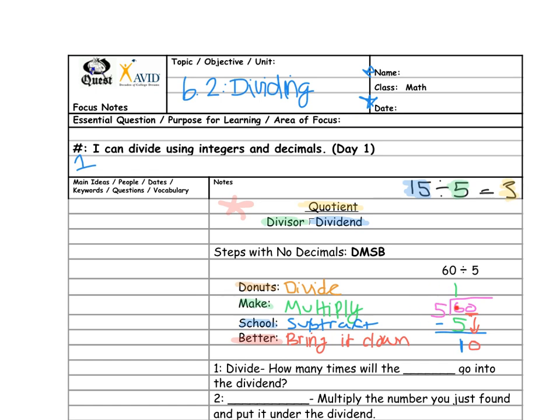Can 10 be divided by 5? Yeah. 5 times 2, that multiplying piece, is 10. So then we're just writing 5 times 2 is 10, and then we're subtracting, and then we're at 0. And when we hit 0, that means we're done. So our answer is 12.